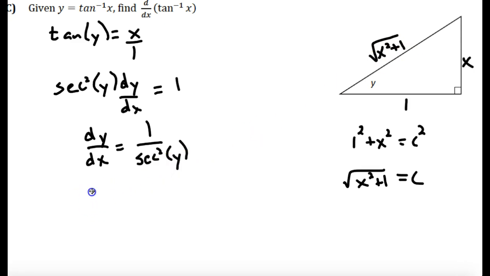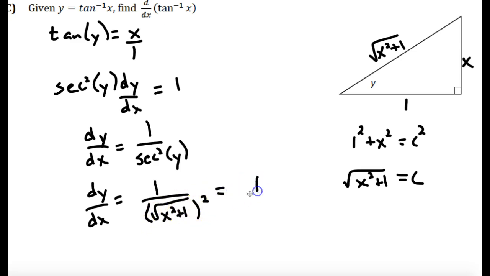So we're going to end up with dy/dx equal to 1 over the square root of x squared plus 1, squared. Here the square and the square root just cancel out, and we get 1 over x squared plus 1. All right. So these are the derivations for the derivatives of inverse sine, inverse cosine, and inverse tangent.